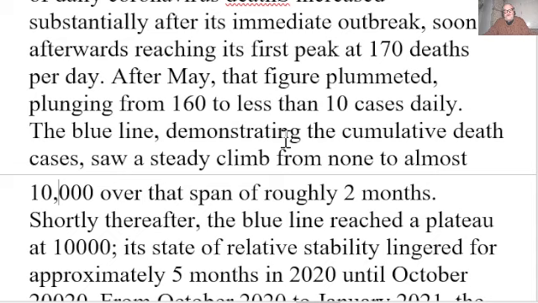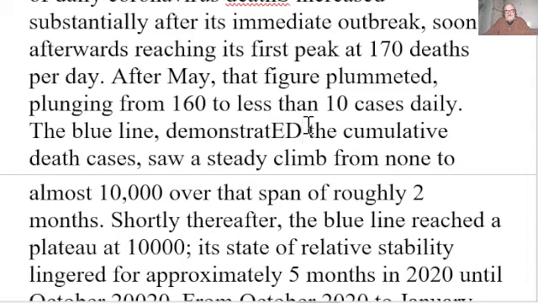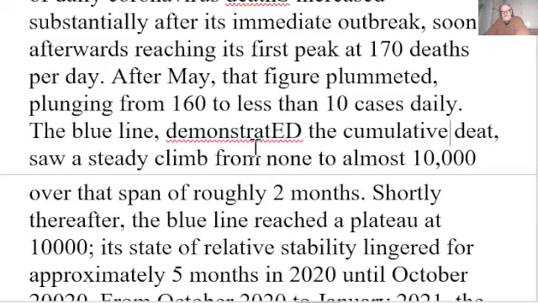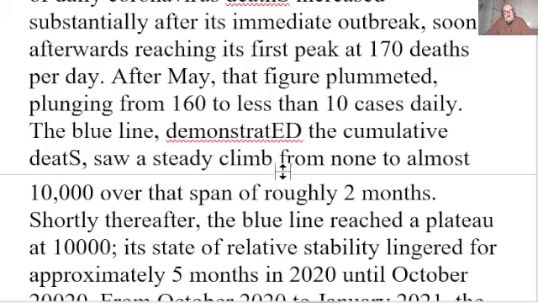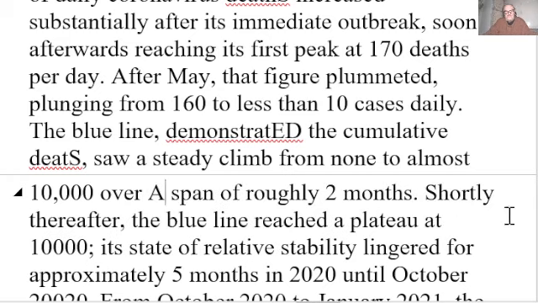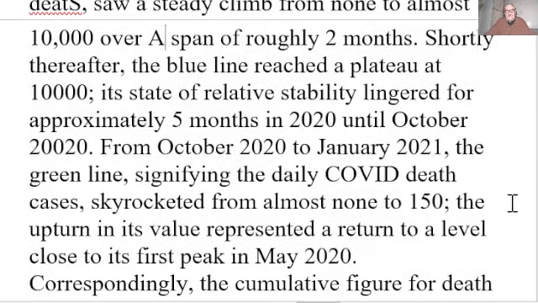Okay, the blue line demonstrated the cumulative death cases, the cumulative deaths, representing the cumulative deaths, saw a steady climb from none to almost 10,000 over a span of roughly 2 months.